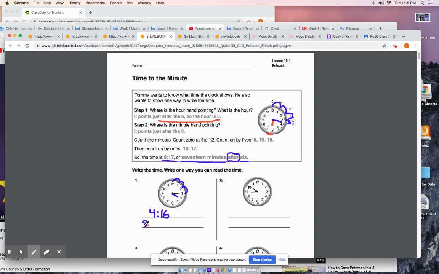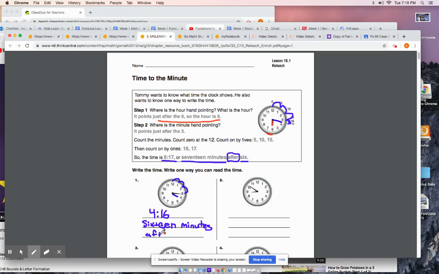So 16 minutes. And then the key word is after, because it's after that time has passed.